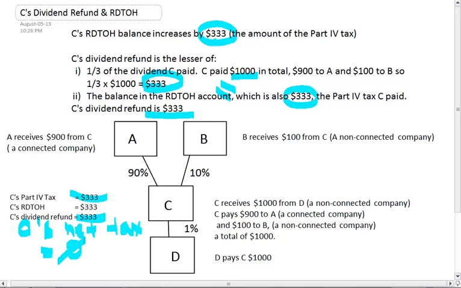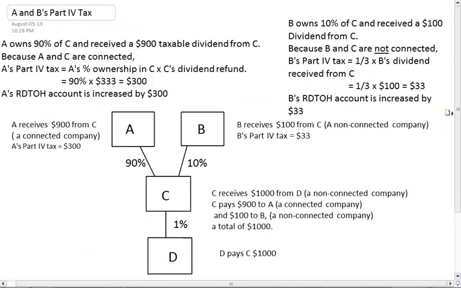Effectively, C paid the dividend it received up the chain to its parent companies, so C shouldn't be paying Part 4 tax anyway. And what about A and B? A received a $900 dividend from C, and B received $100. So C paid $1,000 in total, A received 90%, and B received 10%. Because A and C are connected, A pays Part 4 tax equal to A's proportionate amount of C's dividend refund.